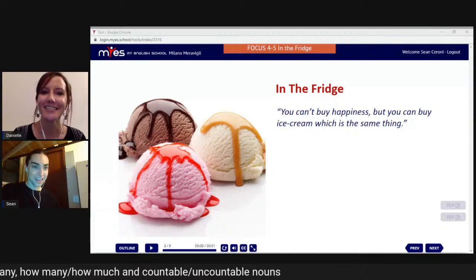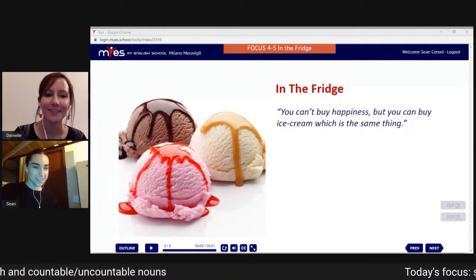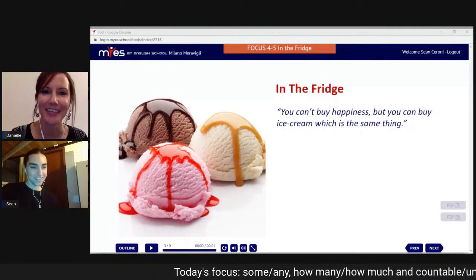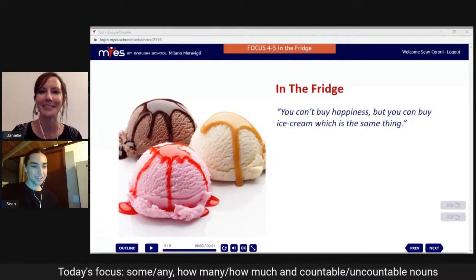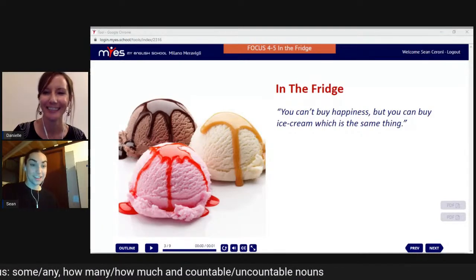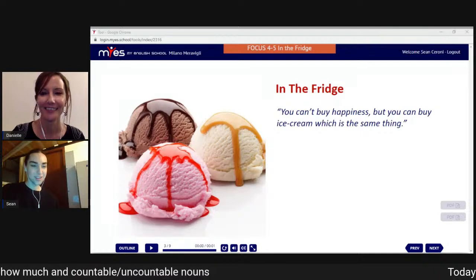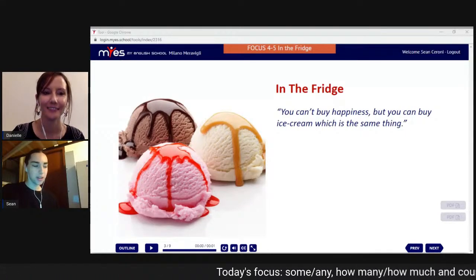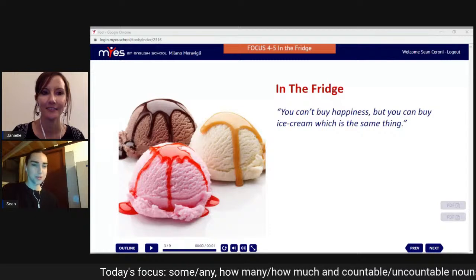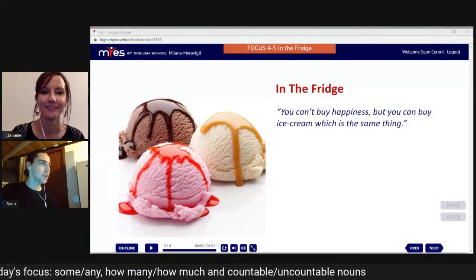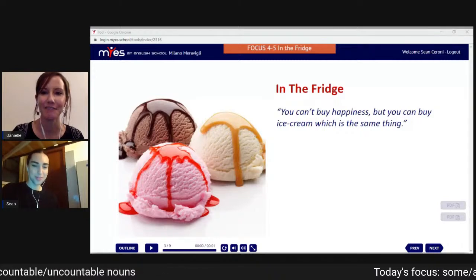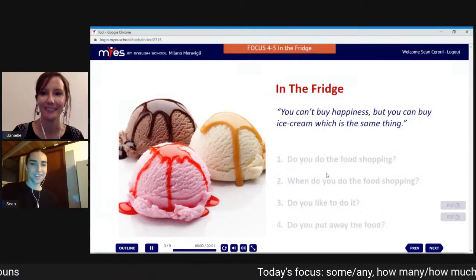Not necessarily, but I definitely think ice cream or chocolate can help in certain situations if you're not feeling particularly happy. Yeah, I think it's definitely a boost for your mood. Certainly, ice cream is not my go-to to make me happy. I prefer just chocolate or sweets. Yeah, me too.